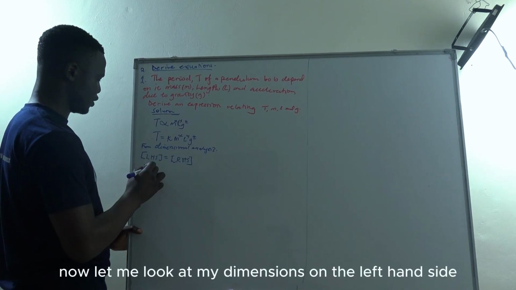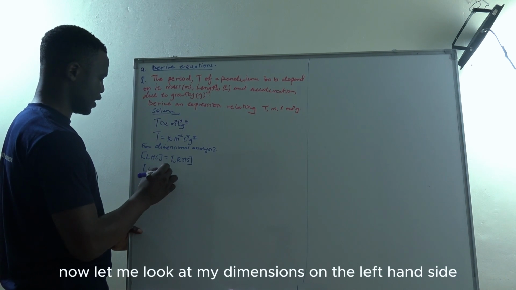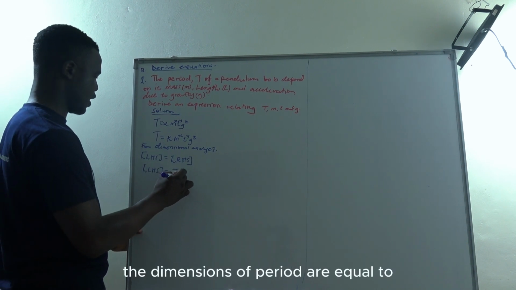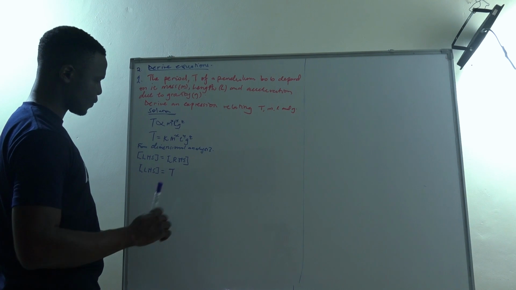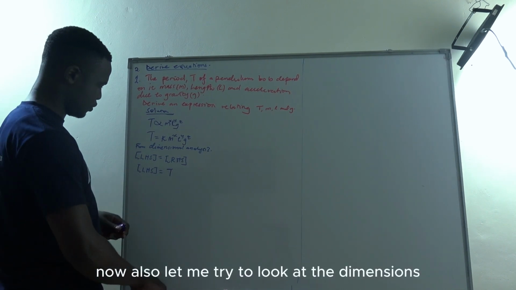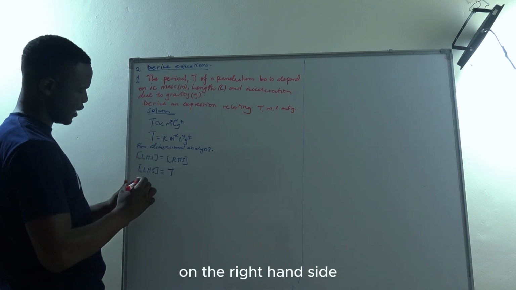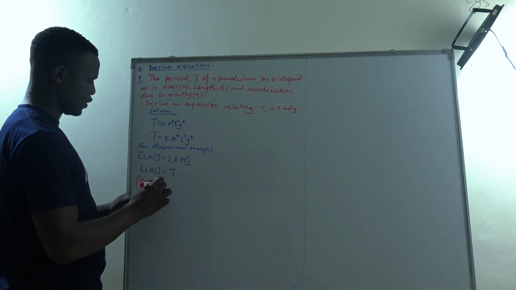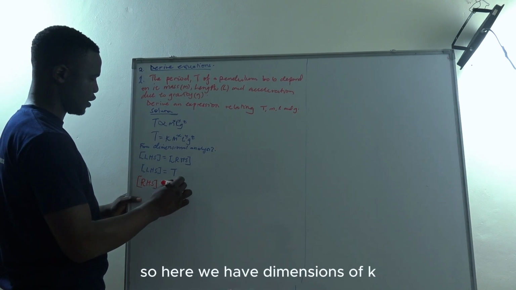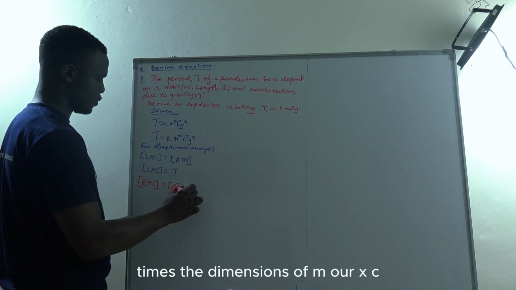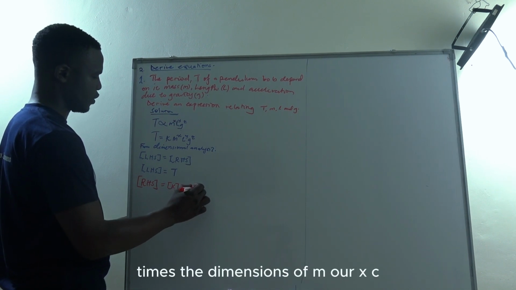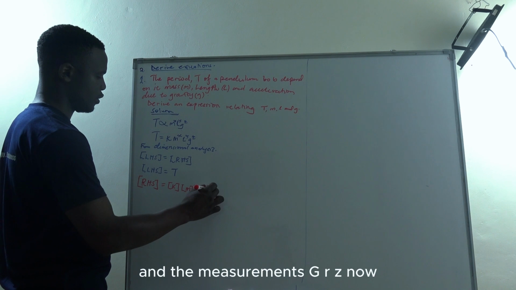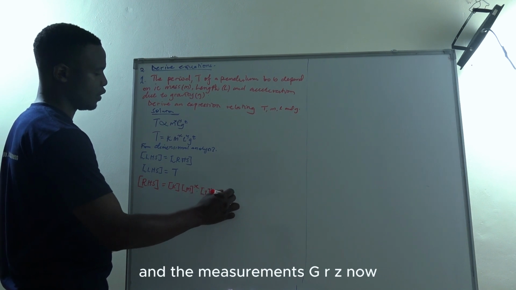On the left-hand side, I have period T, and the dimension of period is capital T. On the right-hand side, we have the dimensions of k times the dimensions of m to the power x, times the dimensions of l to the power y, times the dimensions of g to the power z.